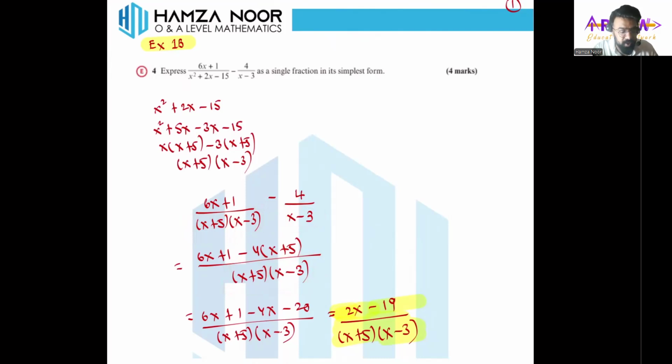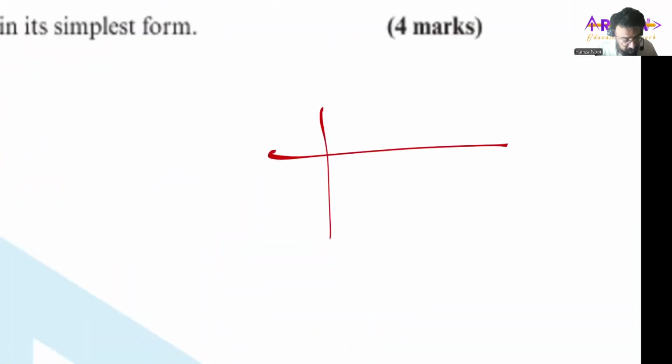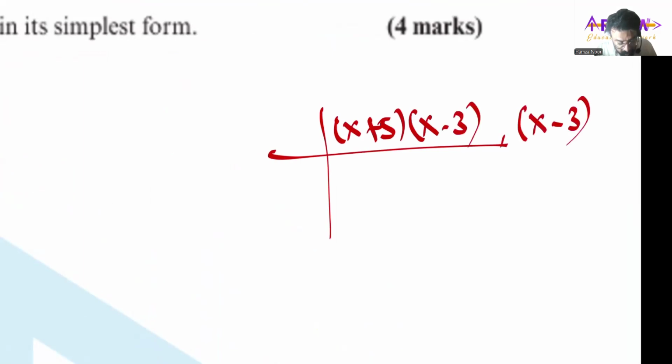Even if you find the LCM by the same method which I told you in the last class, in the initial examples, you will get the same LCM over here. If you want to find the LCM of (x + 5)(x − 3) and (x − 3), let's say we start from x − 3.